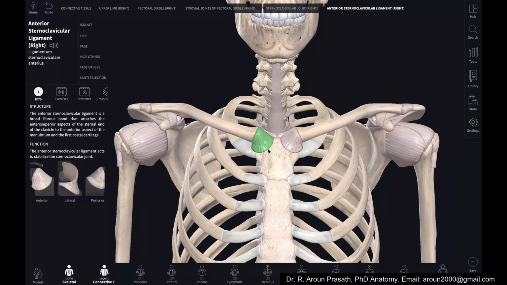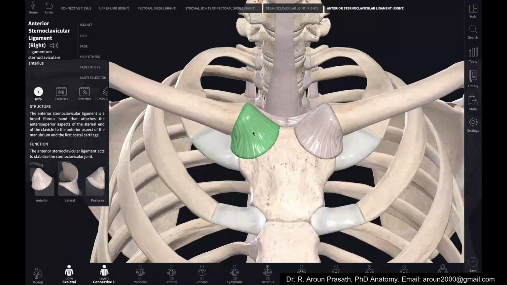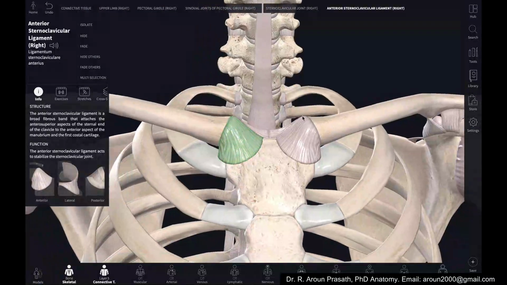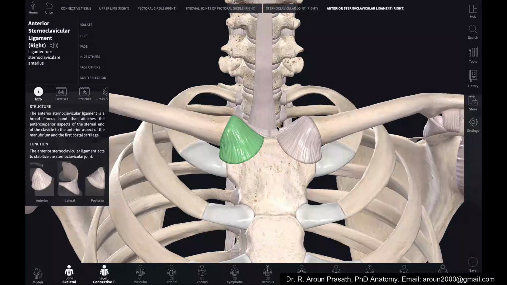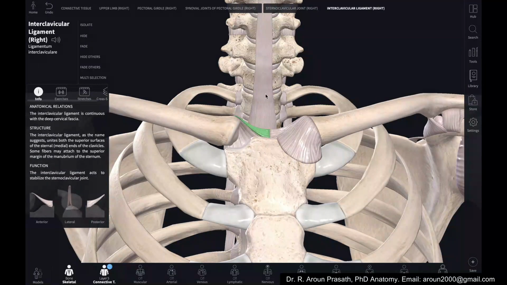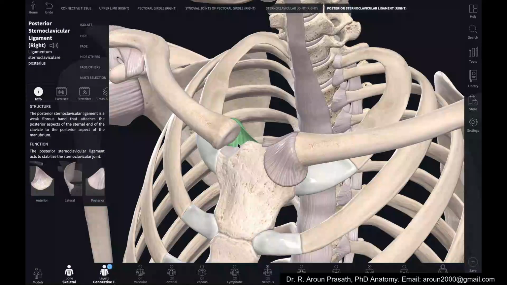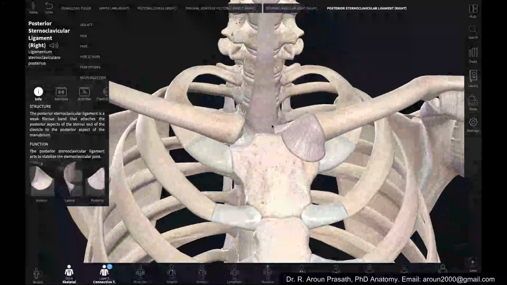Coming to the capsule, I mean the ligaments around the joint, you have the anterior sternoclavicular ligament, then the interclavicular ligament, and also the posterior sternoclavicular ligament.